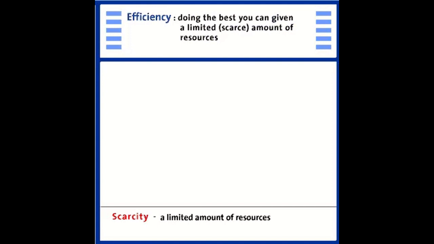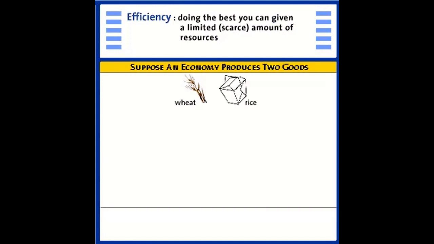Suppose we have an economy that produces two goods, and for the sake of our example, we'll make these an agricultural example. Our two goods are wheat and rice. So let's suppose we have an economy that produces these two products. Efficient behavior would be for the economy to produce the most wheat that it can possibly produce for a given quantity of rice.